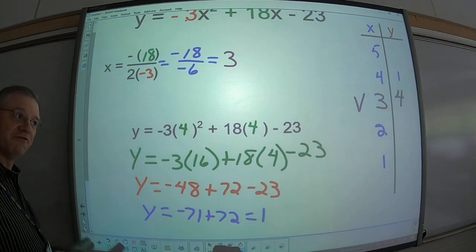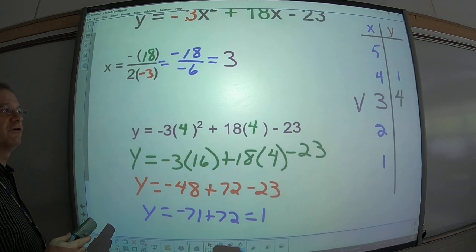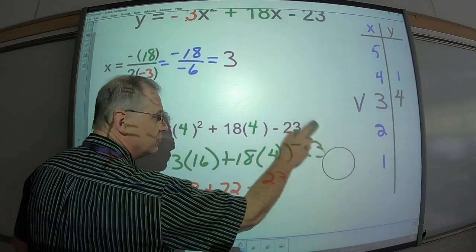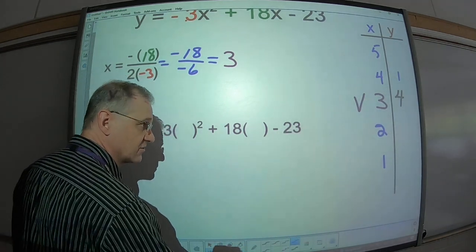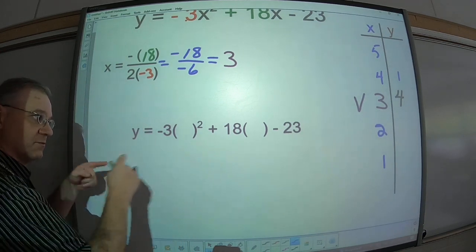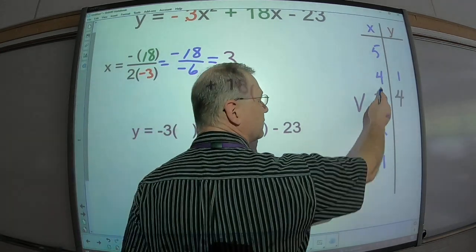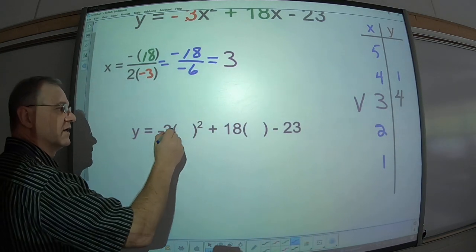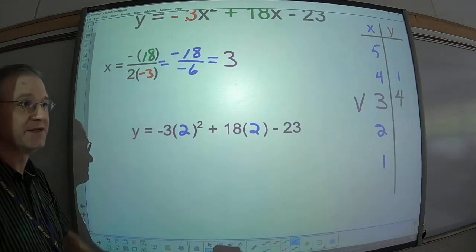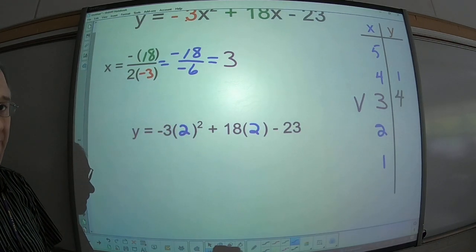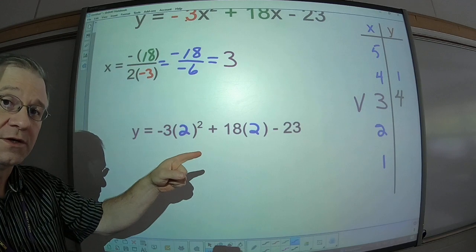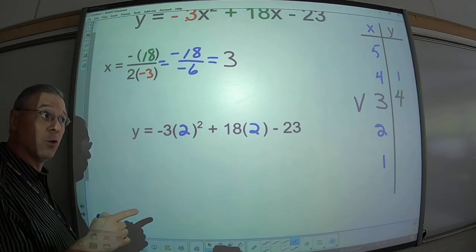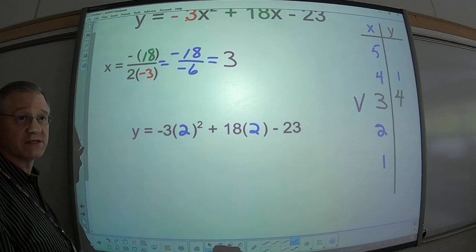And as we've said before, whenever you're finding values for a parabola, when you go equidistant from the vertex along the x-axis, so like 3 to 4 is 1, 3 to 2 is just 1 difference, when I plug in 2, I should get the same value for y for both 4 and 2. If I don't get the same value for y, then my vertex is wrong, or I've calculated one of those points, or both, wrong.